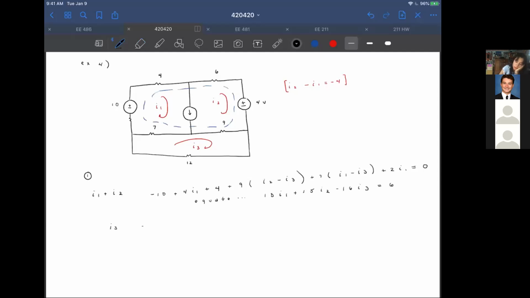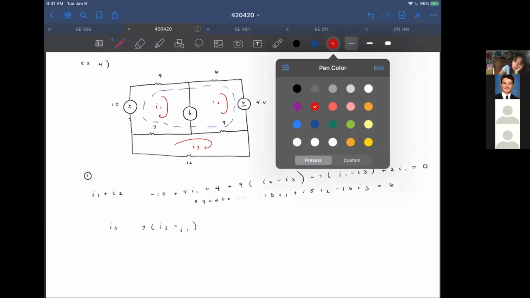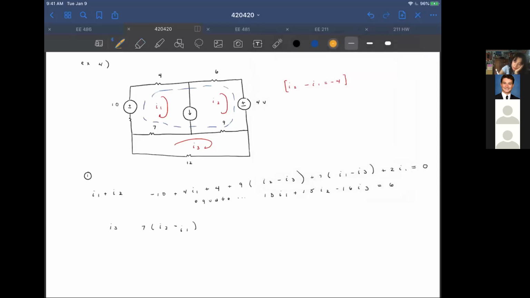So you do 7 times I3 minus I1, because it's describing this relationship here, plus 9 times I3 minus I2, plus 12 times I3, which is equal to 0.